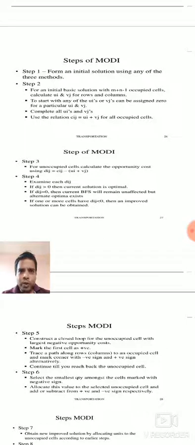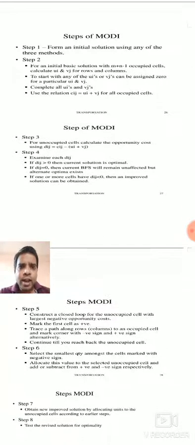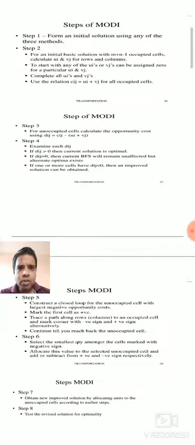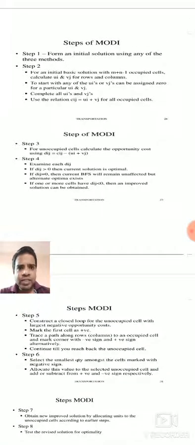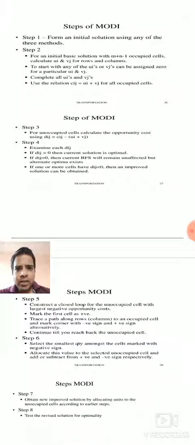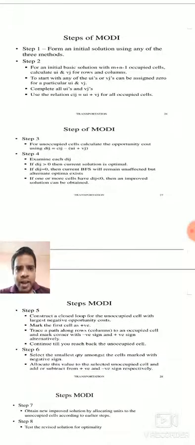For every row we can name it u1, u2, u3, u4 like this, and for every column name it v1, v2, v3, v4. Now use the relation Cij equals ui plus vj for all occupied cells. In step 3, we are going to find the Dij values by using Cij minus (ui plus vj).